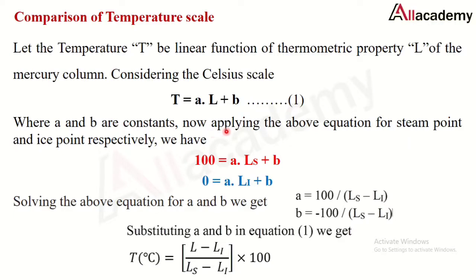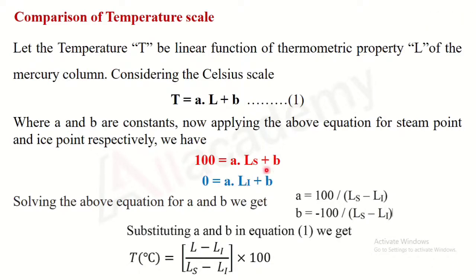Now let us apply this to the steam point as well as the ice point. What is the steam point? It is 100 degrees Celsius, where water boils, and the ice point is 0 degrees Celsius, where water melts. Let us put these temperature values in this equation, taking Ls as the property at the steam point and Li as the property at the ice point.